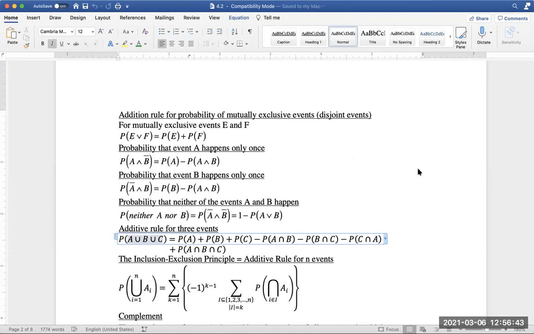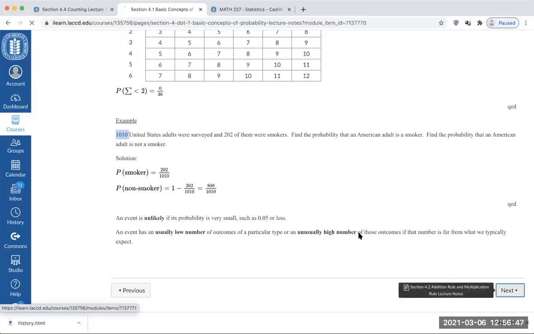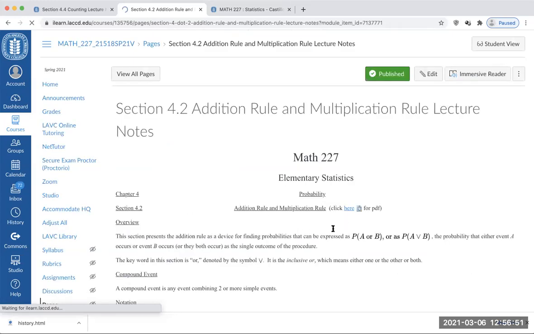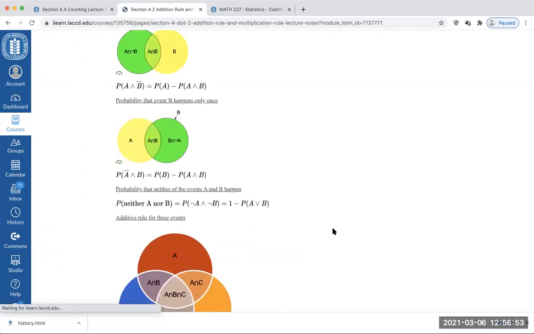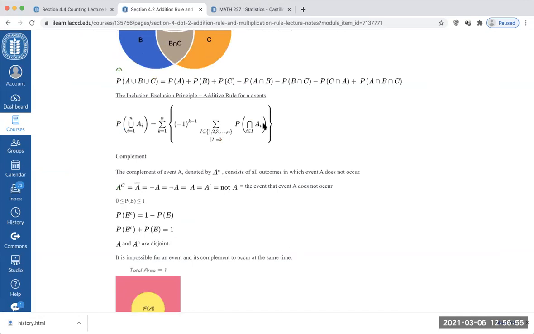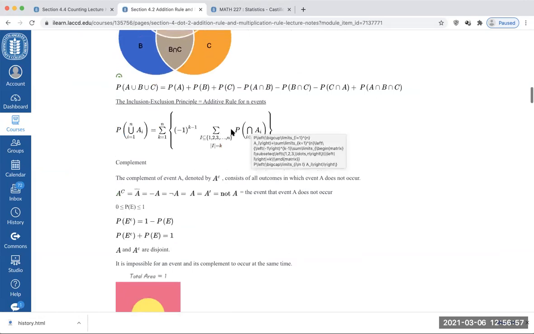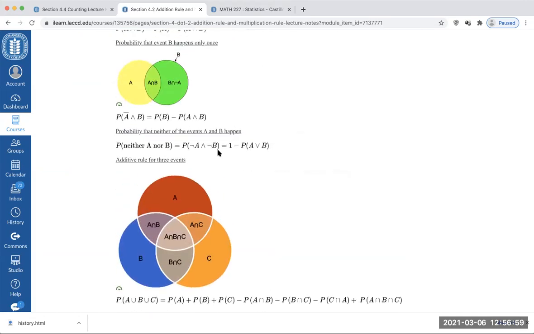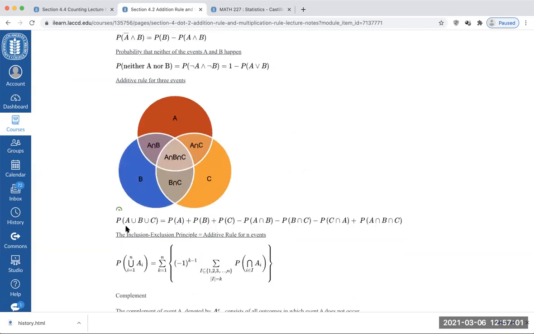It really doesn't matter. I wrote it in terms of sets, probably because sets look nicer.